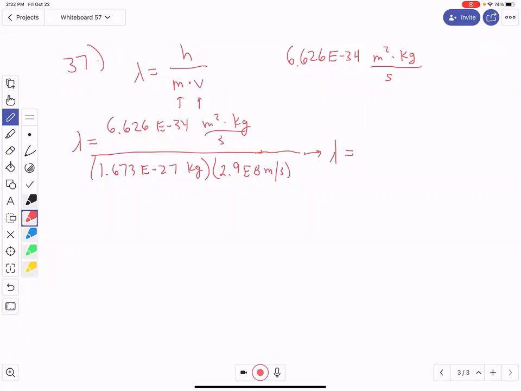Did it just reach a new all-time high? 2.9 e to the 8. All right, this will get us closer to a real number. 4.8517 e to the negative 19 over 6.626 e to the negative 34.